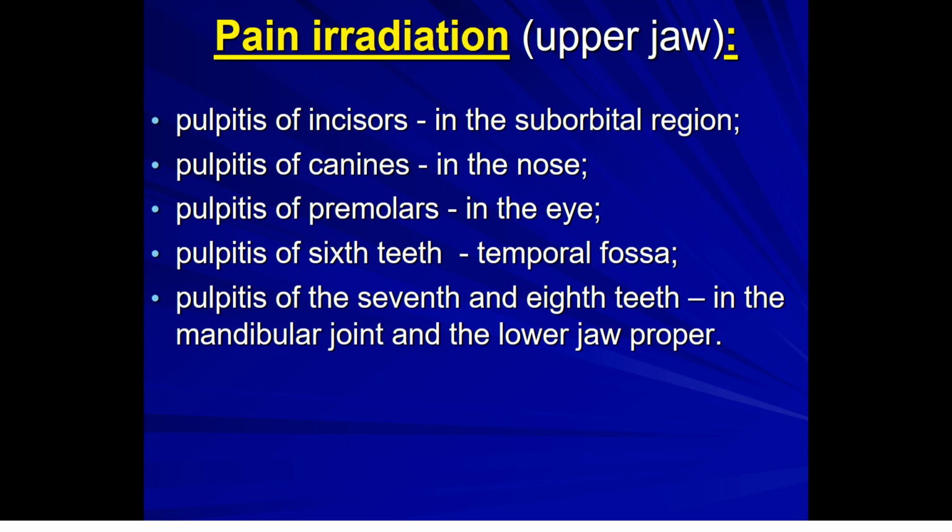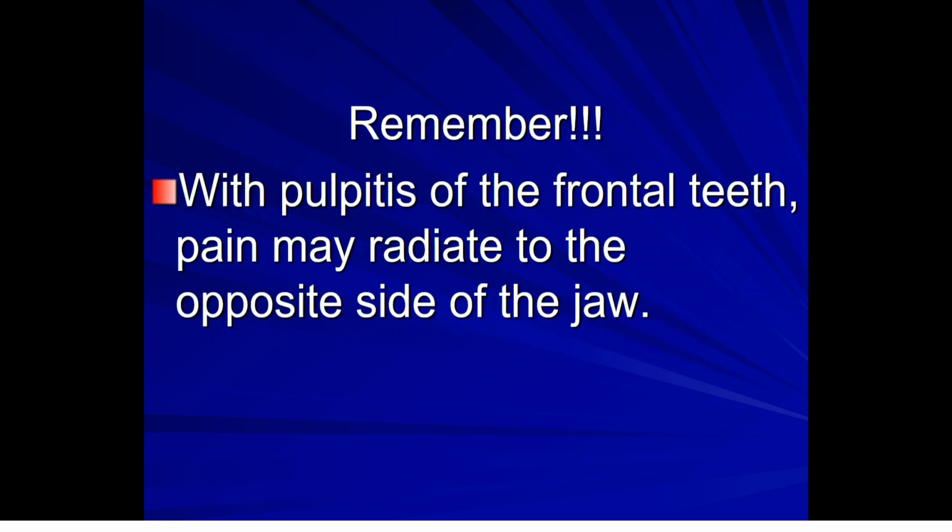Pulpitis of the seventh and eighth teeth, in the mandibular joint and the lower jaw proper. Remember, with pulpitis of the frontal teeth, pain may radiate to the opposite side of the jaw.